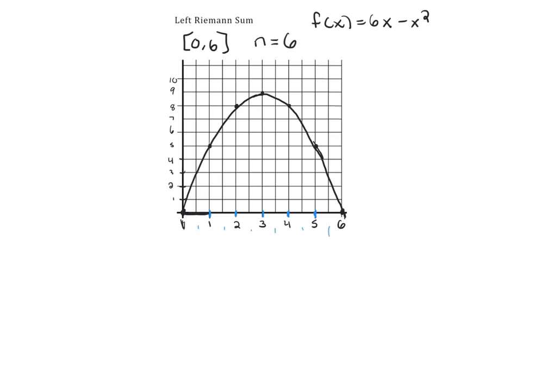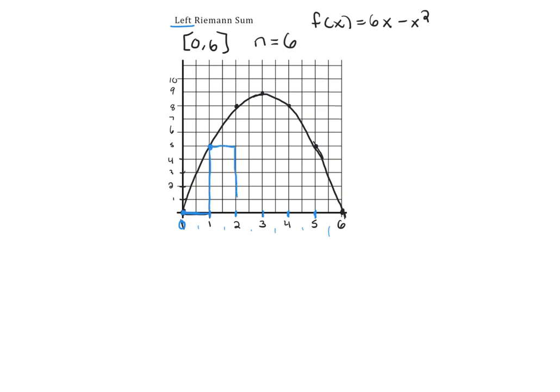Because it's a left Riemann sum, we start on the left of our graph and move over to create the width. So at 0, I'm starting here and I'm going over. There's no height to this first rectangle. Then at 1, I put a point on the graph on the left and move over to the right.